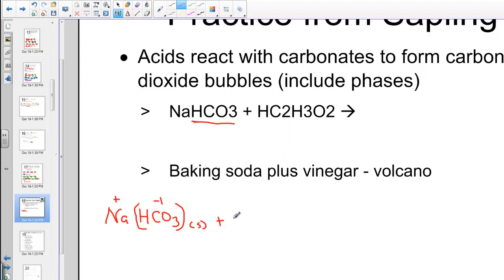We're going to pour vinegar on that, which is acetic acid. Acetic acid, acids start with an H, it's a +1. And we have a polyatomic ion called acetate, C2H3O2. And again, not necessary, but I'm going to put it in a parenthesis so we remember it's a group of atoms acting as a unit carrying a charge. The name of this polyatomic ion is called acetate.